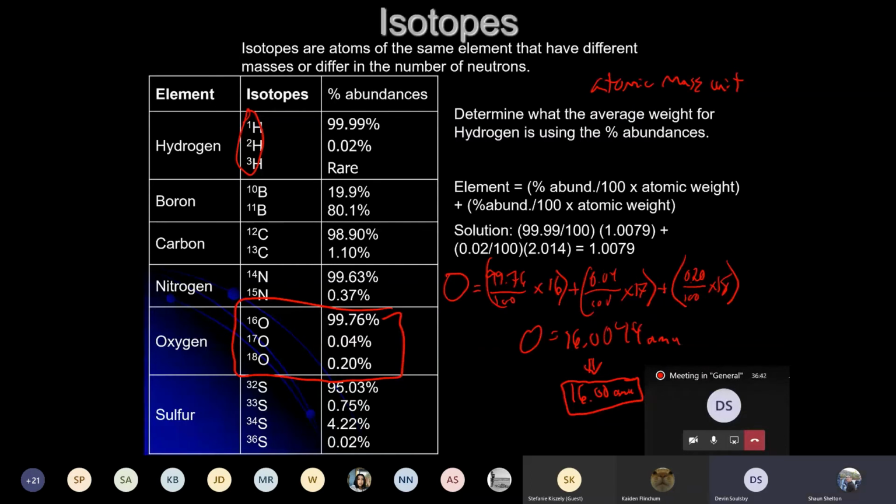Not necessarily. That's a good question. All these data points that we're getting here, the mass numbers and the percent abundances, are all determined from analytical chemistry. They take these instruments and run these samples through the instruments multiple times.